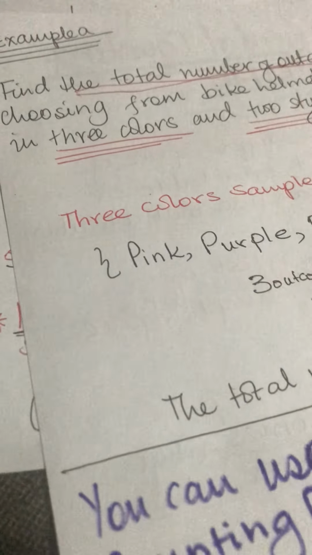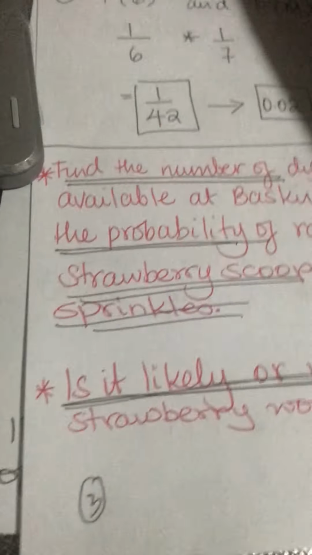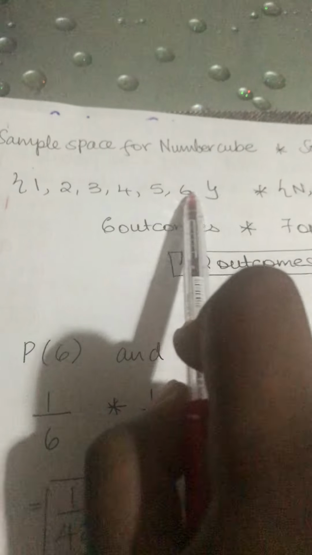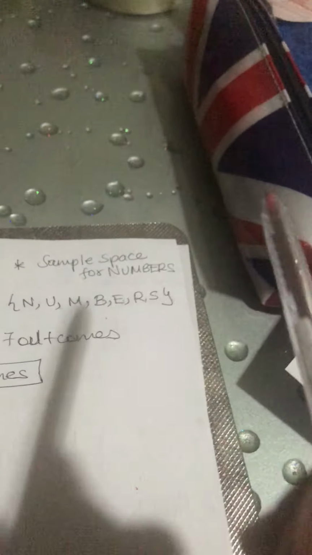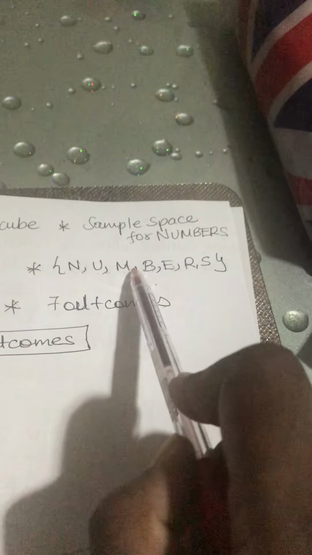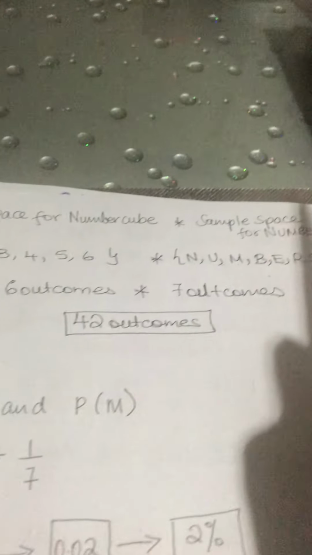Okay? So, here. Sample space for number cube, I wrote them out, 1 to 6. 1, 2, 3, 4, 5, 6. Sample space for numbers is all the letters in numbers. Numbers. How many outcomes? 6.